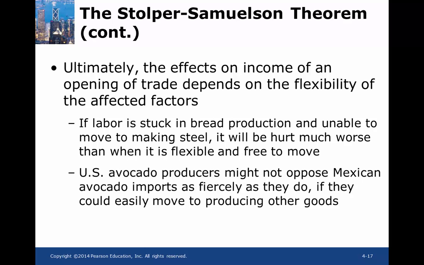If labor is stuck in bread production and unable to move to making steel, it will be hurt much worse than when it is flexible and free to move. US avocado producers might not oppose Mexican avocado imports as fiercely as they do if they could easily move to producing other goods.